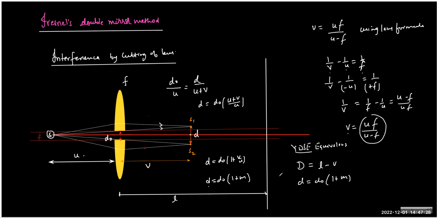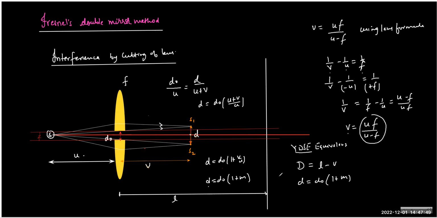Sir, but then the images are real. Yeah, a virtual source I'm saying. I'm not saying image and object. I mean, we are not talking in the context of ray optics. I'm just talking about the real source and virtual source. Okay, sir. Here the real source is S, no? The physical source.